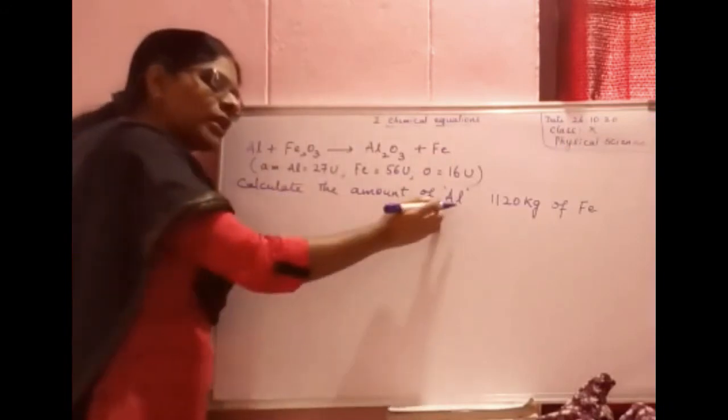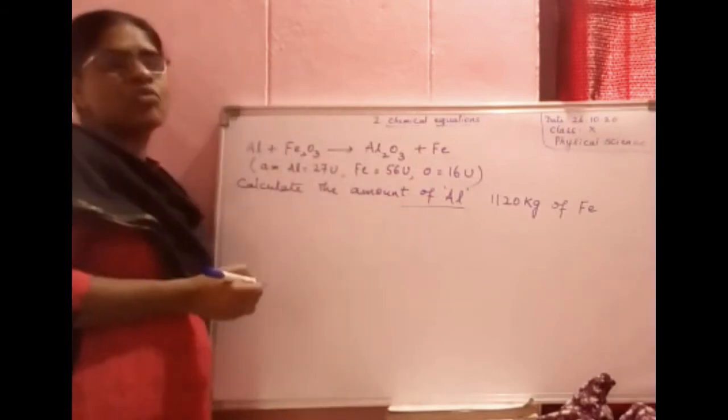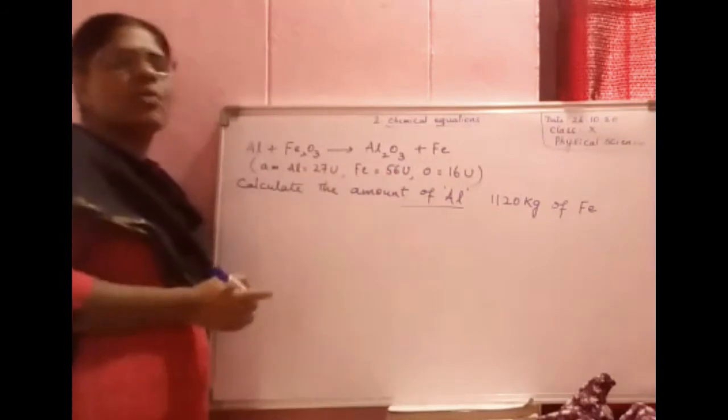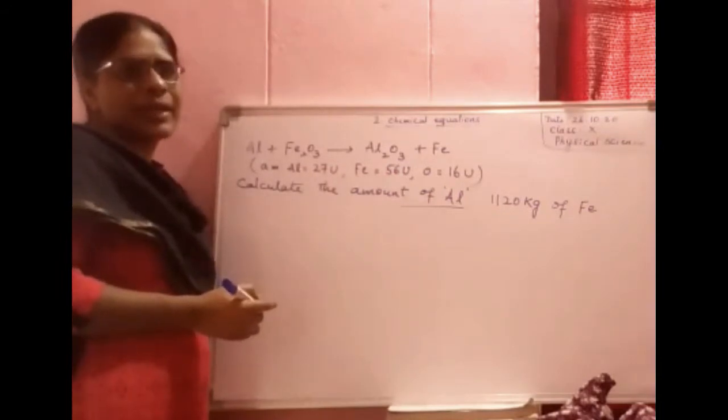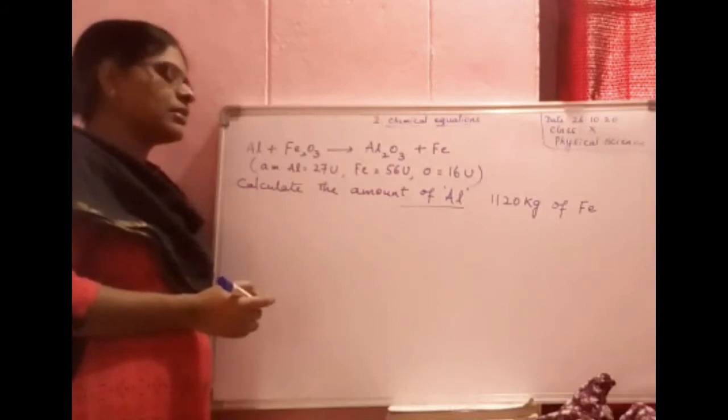What do we need to find? We need to find the amount of aluminium when 1120 kg of iron is reacting.